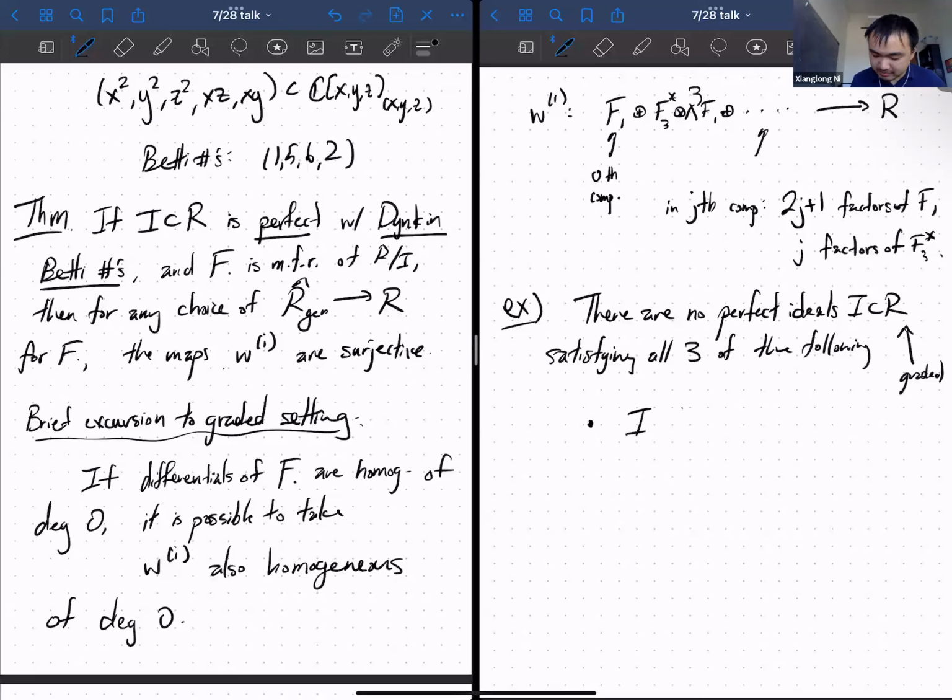I has Dynkin Betti numbers, and F1 is generated in all odd degrees, and F3 is generated in all even degrees.